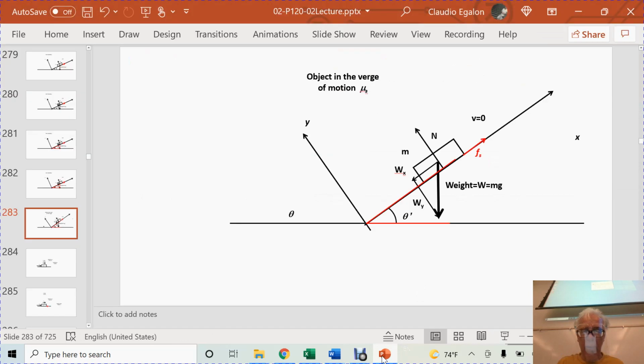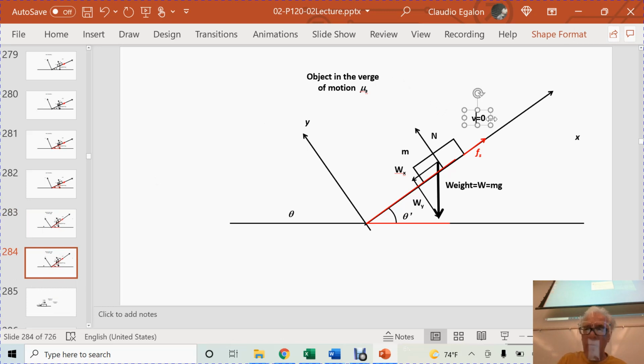But now the velocity is not zero. Now there is a velocity downhill, which by the way is constant.